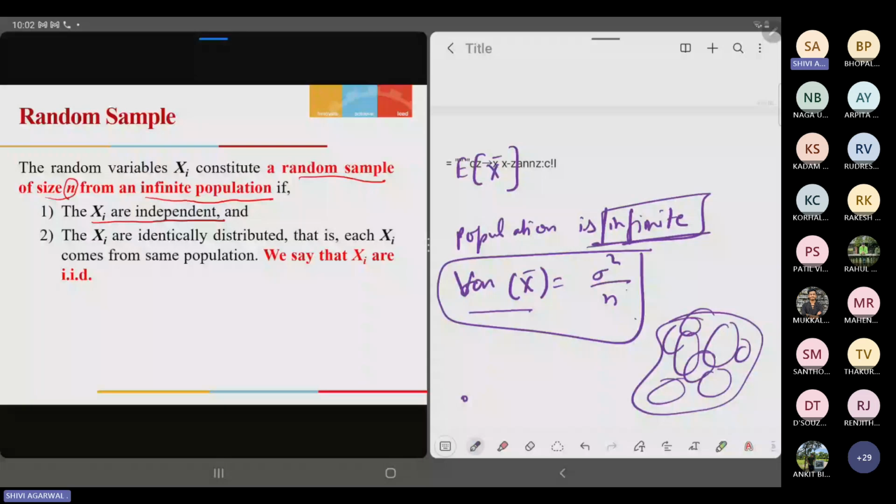Are the slides visible to all of you? Okay, the screen is not changing. Slides not moving. Okay.